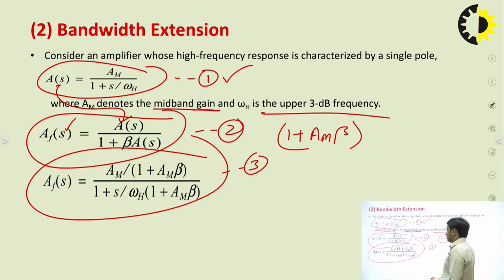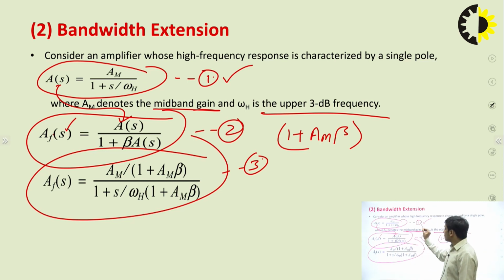And if we compare the denominator, just compare equation number 3 and 1. Don't compare 2 and 3, there is a small change. Just compare equation number 1 and 3. In the numerator of equation number 1 there is AM, and in equation number 3 there is AM upon 1 plus AM beta.